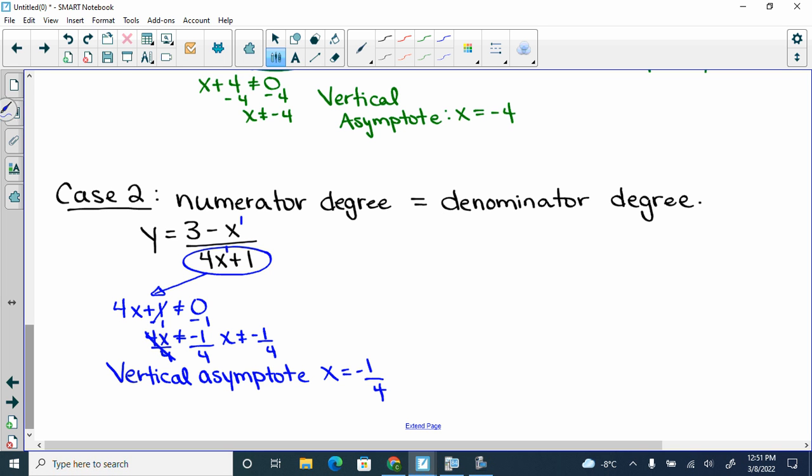Now, when the numerator was a smaller degree than the denominator, my horizontal asymptote was y equals 0 every single time. When the numerator is the same degree as the denominator, your horizontal asymptote is a fraction of the leading coefficients.